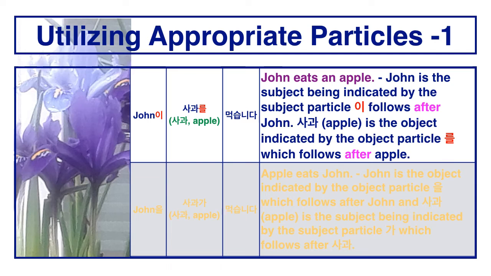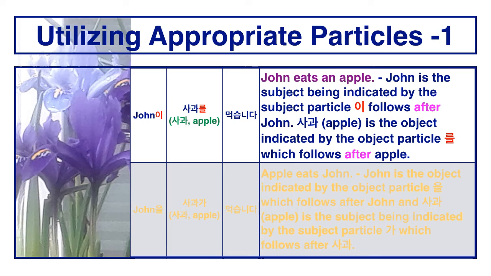Let's take one more step ahead using both subject particles and object particles. Because each noun's class is indicated by the following particle, you can see that the meaning of the sentence is changed, depends on the particles you use from this table.